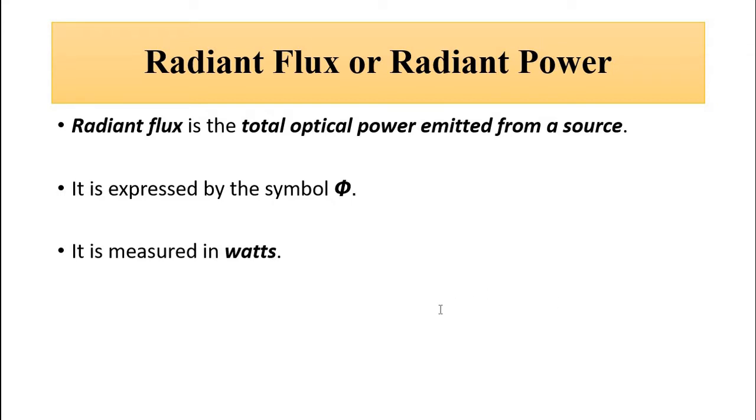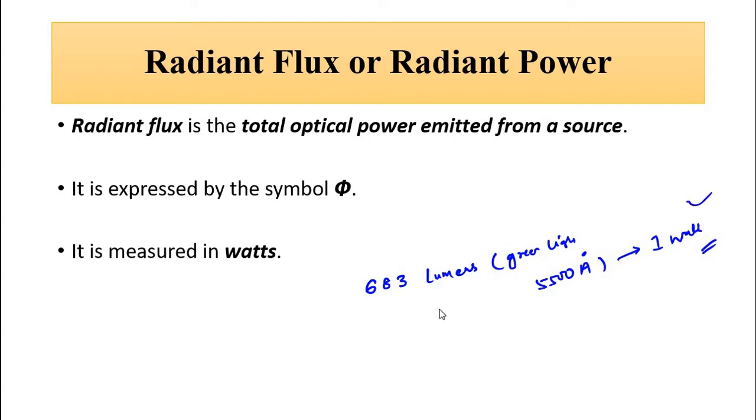We also discussed an important relationship: 683 lumens of green light, at around 5500 angstrom, is equivalent to 1 watt. So radiant flux is measured in watts, luminous flux in lumens. This is the basic difference.